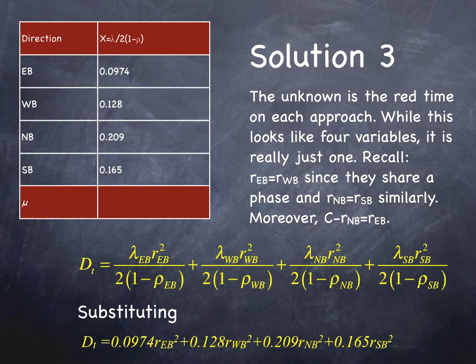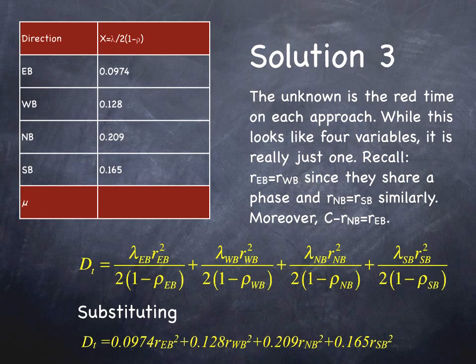This looks like 4 variables. We have the red time on the eastbound approach, the red time on the westbound approach, the red time on the northbound approach, and the red time on the southbound approach. However, it is really just one, because the red times on the eastbound and westbound approaches are the same, and the red times on the northbound and southbound approaches are the same. Further, we know that the red time on the eastbound approach is equal to the cycle length minus the red time on the northbound approach. So we only have one variable here.